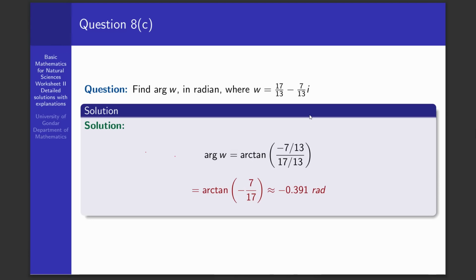This is negative because the terminal side of the angle will be found in the fourth quadrant, since the argument is measured from the positive x-axis to the ray of the complex number itself, so it is a negative angle.